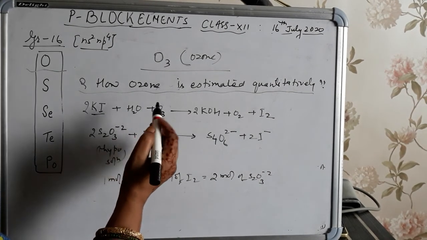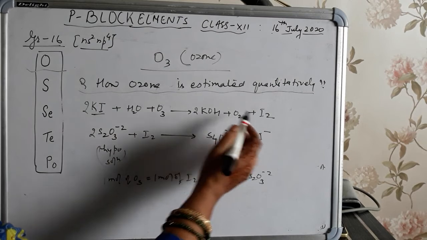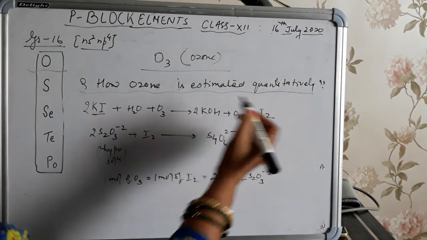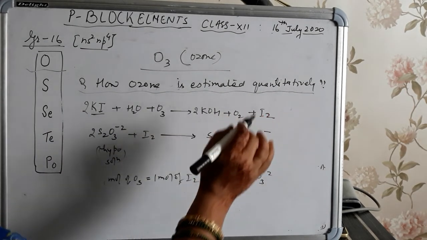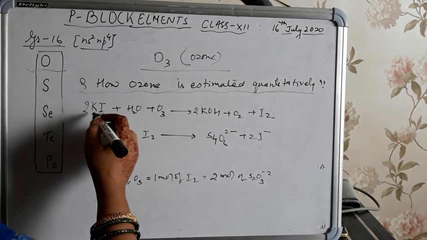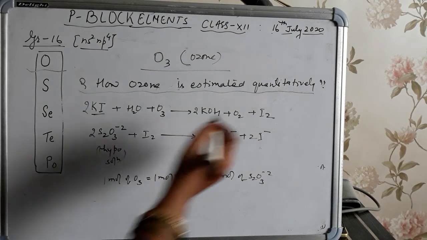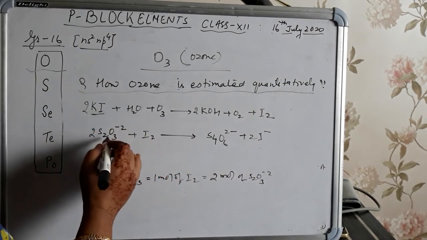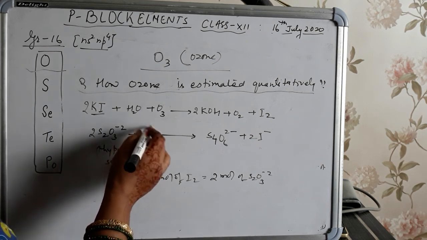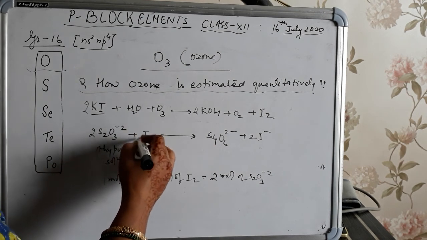I am again explaining how ozone is estimated quantitatively. Here students, whenever this reaction proceeds and iodine is formed, suppose KI when treated with ozone, the yellow color of iodine is formed. This indicates that the formation of iodine takes place. Not all the potassium iodide gets converted. Few potassium iodide get converted into iodine, and the rest remains in the solution. This iodine formed is treated with a known solution in hypo titration. With the titration method, we can find out the number of moles of iodine, because it indicates how much ozone is used to form 1 mole of iodine.